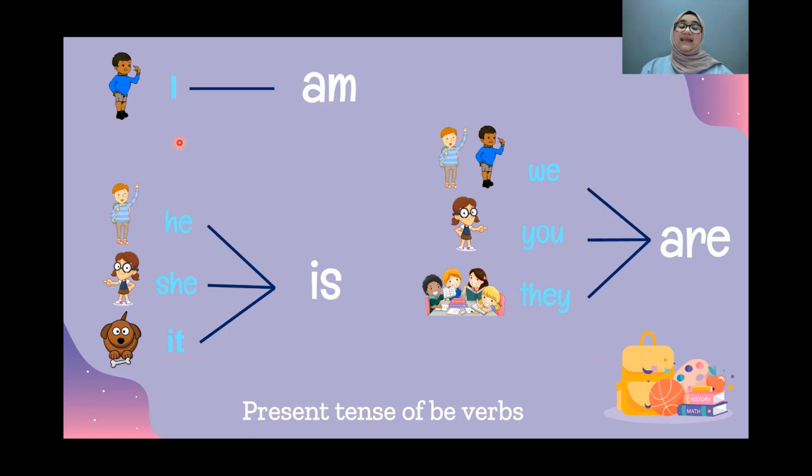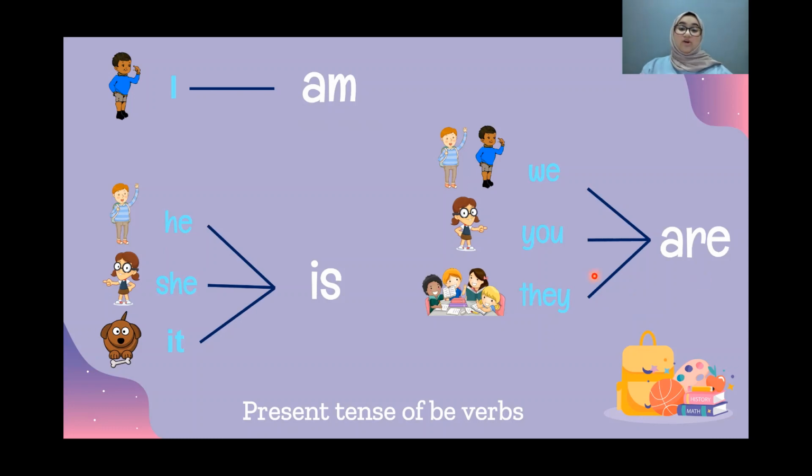If you want to say I, if you are talking about yourself, you use the be-verb am with it. If you are talking about he, she, it, you say is. And if your subjects are we, you, they, you say are. We are, you are, and they are.